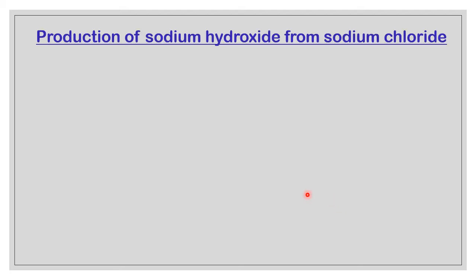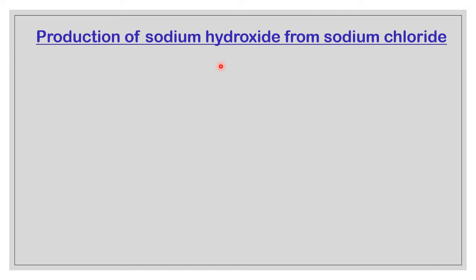Now we'll go further into how it is prepared on a large scale. There are two words I told yesterday. One is preparation, the other is manufacture. Preparation we use for the small scale, whereas production or manufacture for the large scale. So in industry, we go for large scale preparation. Why? Because we require chemicals in our day-to-day life for our various requirements.